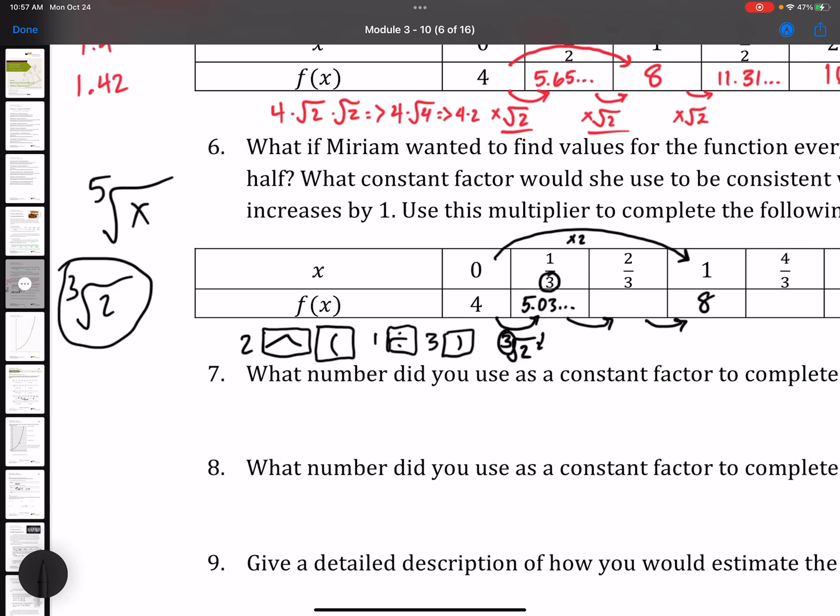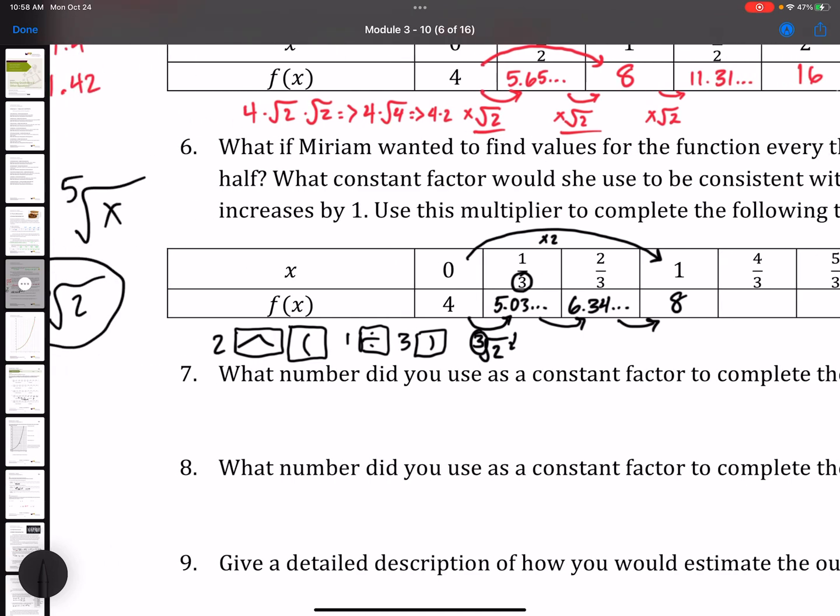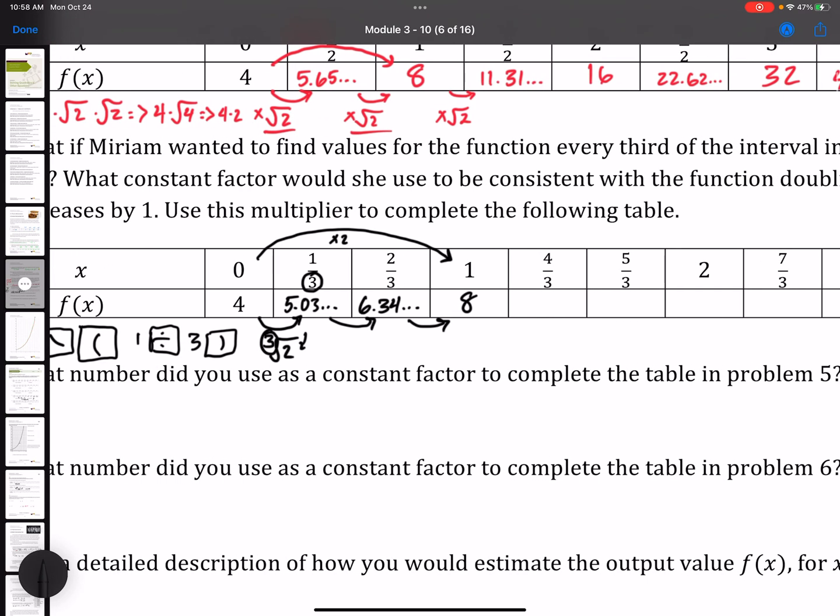Then I'll multiply that by 2 to the 1/3, or the cubed root, like you guys are doing. And I got 6.34... times 2 to the 1/3 power. Oh my gosh, exactly 8. There we go. So I'm multiplying the last term each time by 2 to the 1/3.